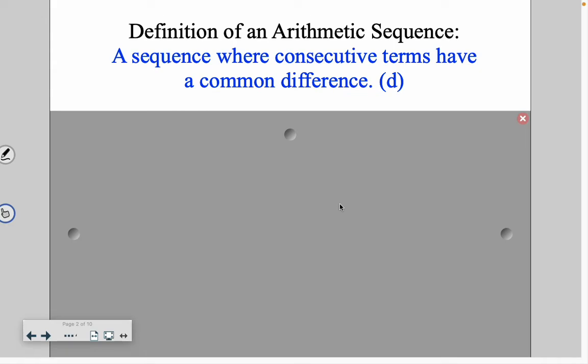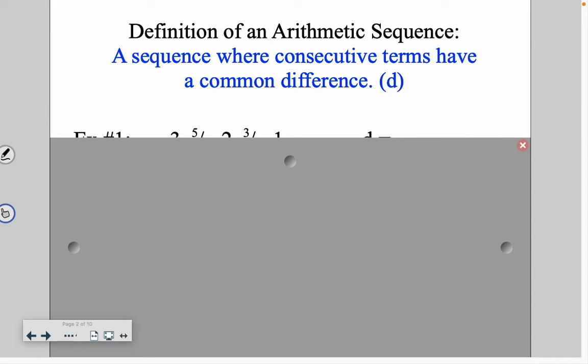So when I say a common difference, what we're looking at is a common thing that's being added every time. The same amount. Plus 2, plus 2, plus 2, plus 2, plus 2. If that happens, it's an arithmetic sequence. Okay? Plus 5, plus 5, plus 5. When you add the same constant, that common difference, every time.